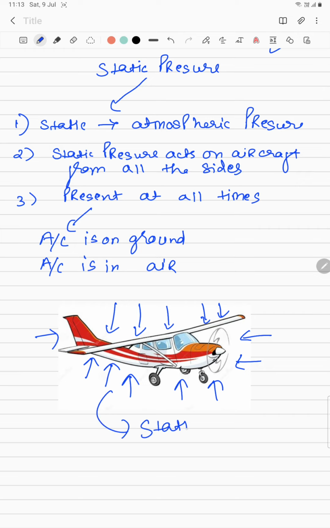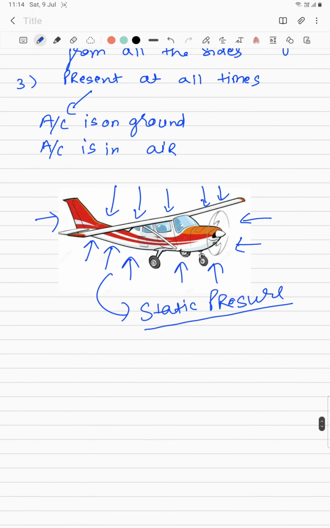This pressure is known as your static pressure. Now the question is, on what parameters does your static pressure depend? Static pressure, guys, like I have told you, is simply the atmospheric pressure. Now, for example, suppose this is your mean sea level.